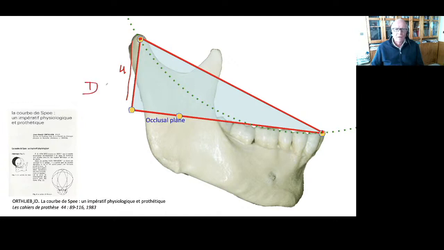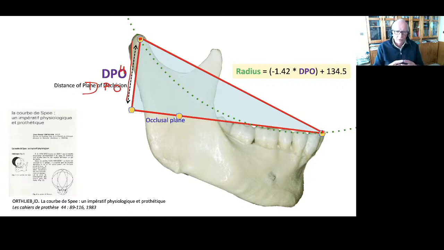I call it DPO, distance of plane of occlusion. And we have, 40 years ago, a formula between the radius of the curve of Spee and DPO. When you have DPO, you can assess it very easily on the ceph, and you have a proposition for a radius of the curve of Spee.